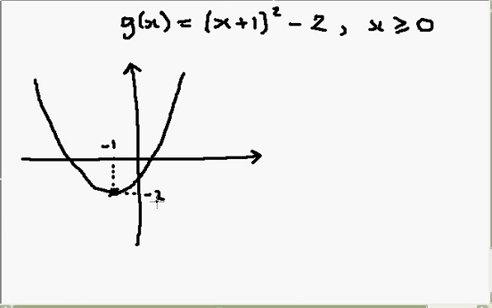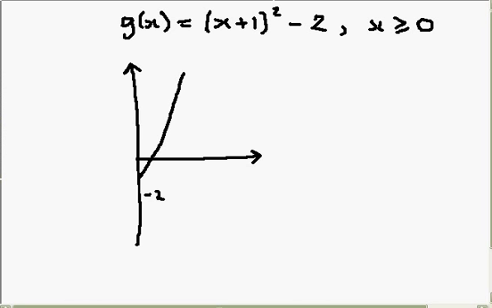However, this function only exists when x is greater than or equal to 0. So it doesn't exist beyond there, so all I'm looking at is the right hand side. So I get rid of that completely.